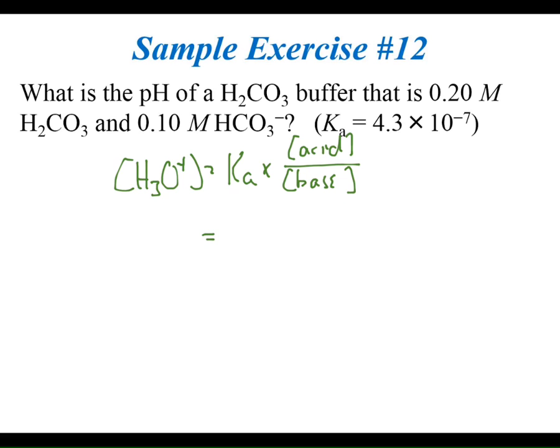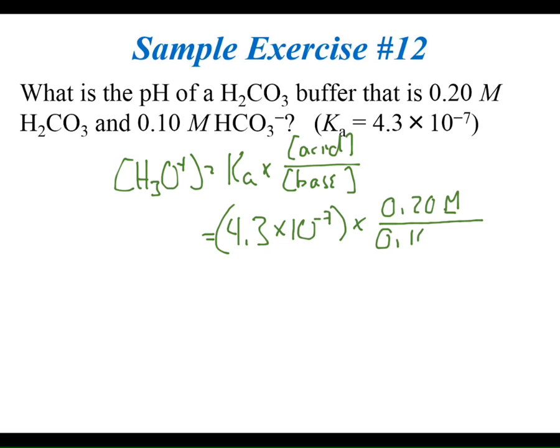The Ka was given as 4.3 times 10 to the negative 7th, times, what's the acid, what's the base? H2CO3, is that the acid or the base? That's the acid. Over, what's the base concentration? 0.10 molar, right?